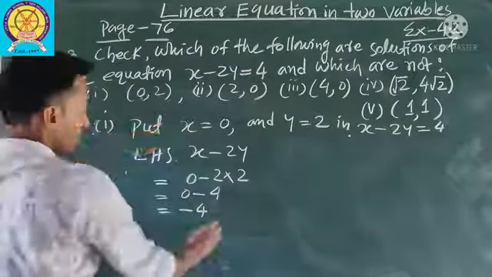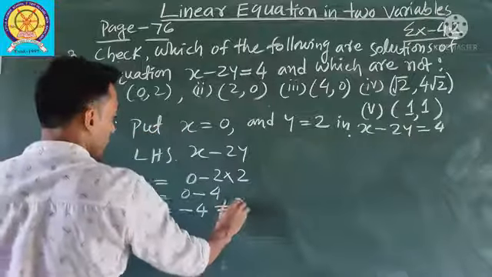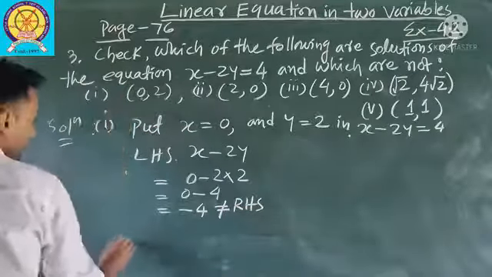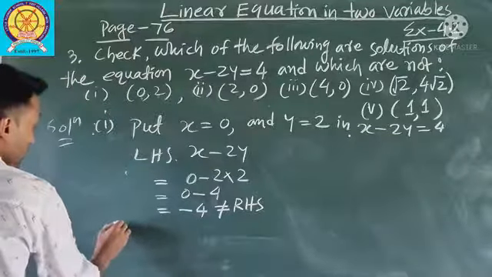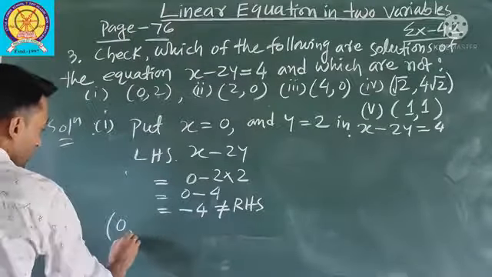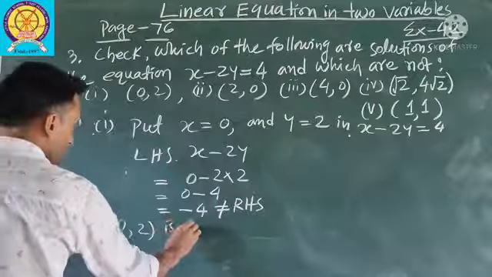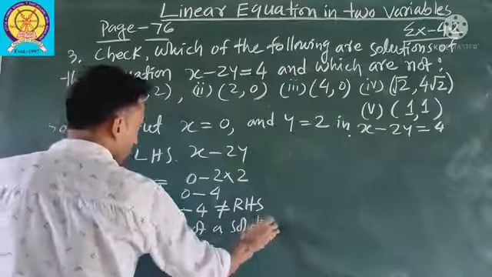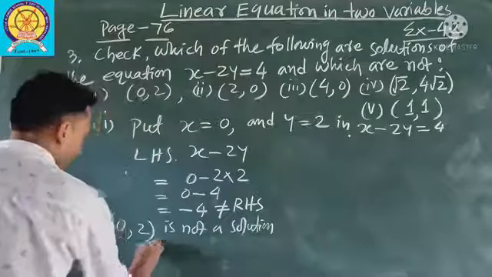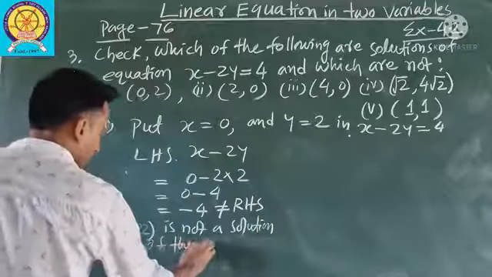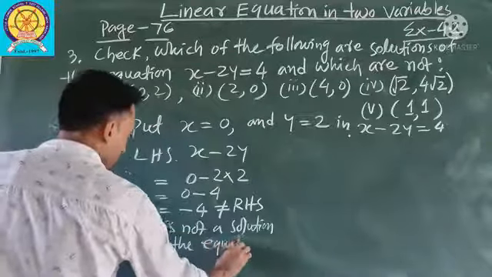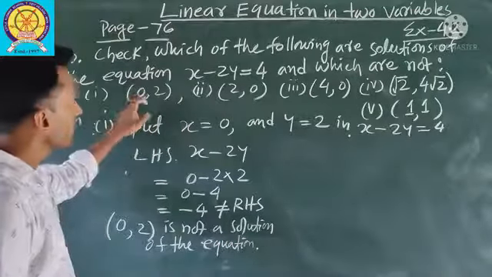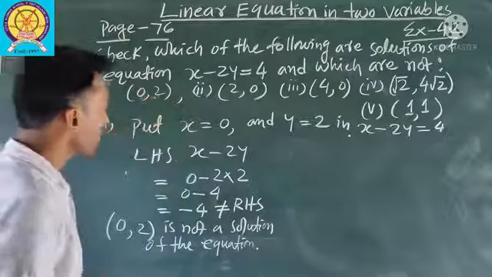It is not equal to the right hand side. So this one, (0, 2), is not a solution of the equation.